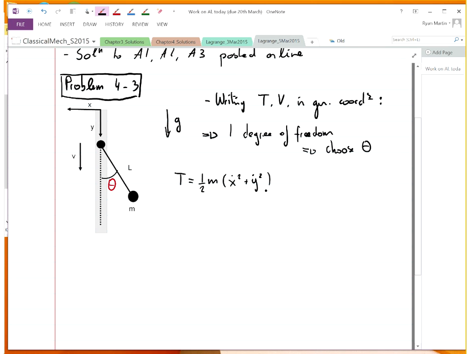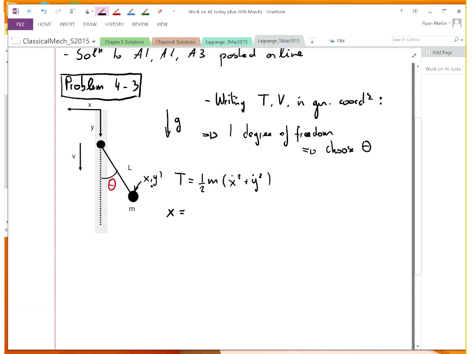So I did something devious in the diagram. I made the y-axis point downwards. So we have to be very consistent. Once you draw the axes, everything you do is dictated by that. So let's start by writing the x position of the pendulum.